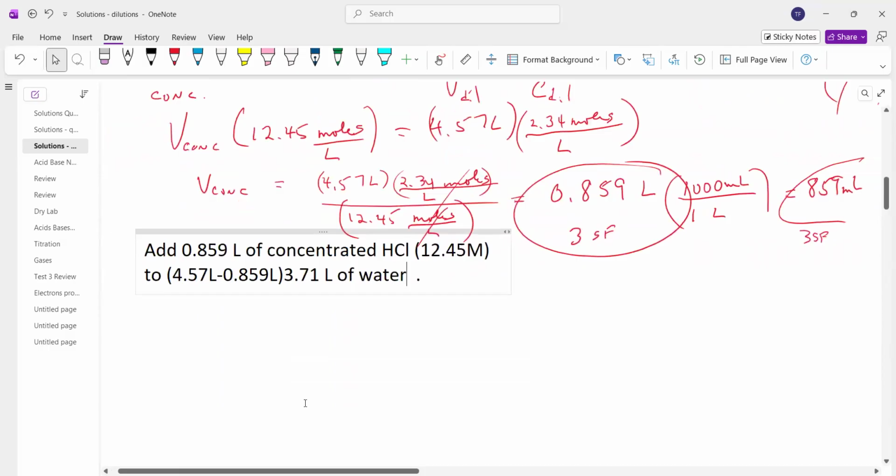Okay, so you're going to have on the test gram calculations and dilution calculations. Now I've got some worksheets for you if you'd like some more practice. I know some of you really like extra practice.